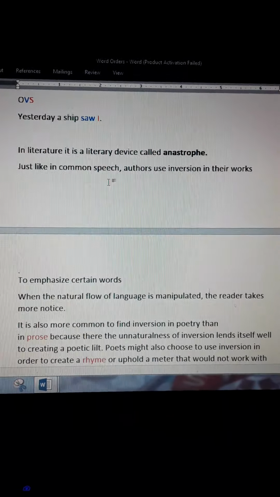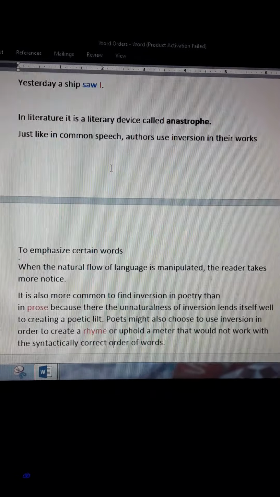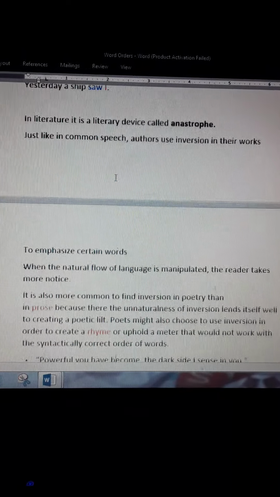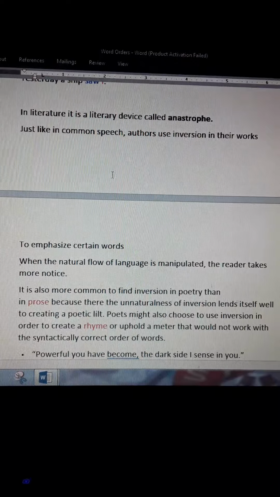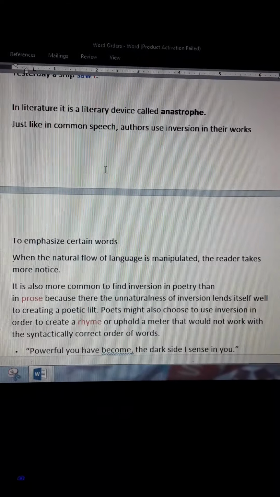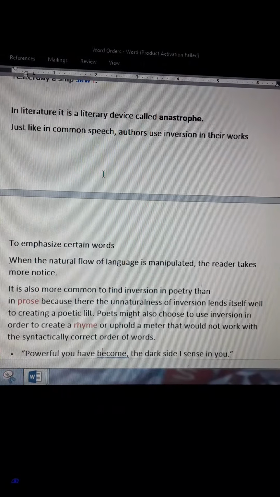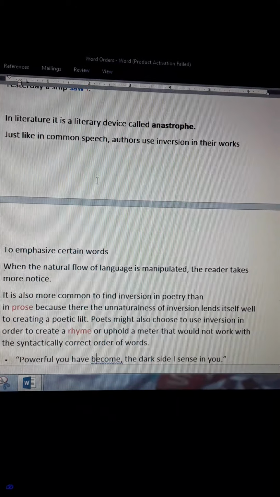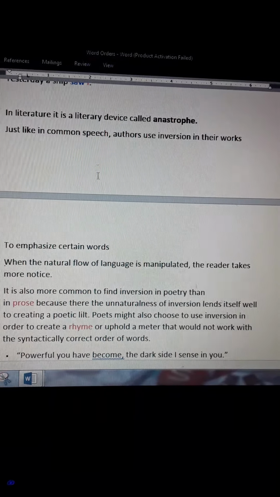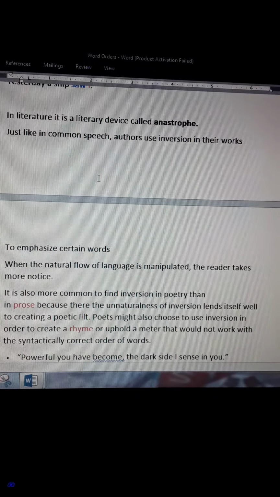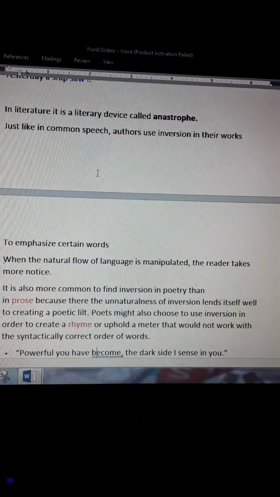And I have some extra notes here that I still kind of need to arrange. So authors use inverted word order just for the purpose of not following the conventional style of writing and to make their work more descriptive, to make it sound original.